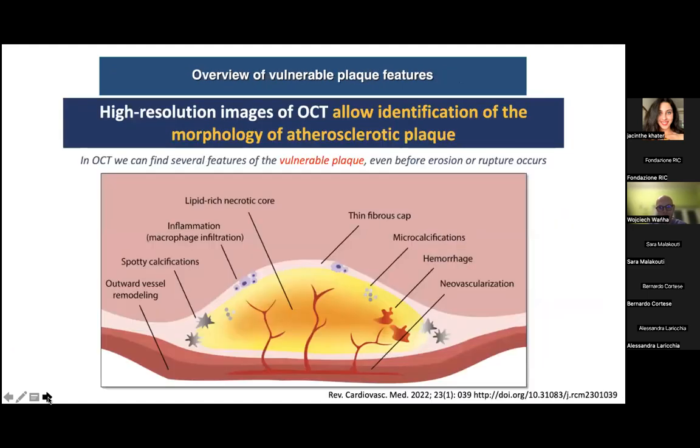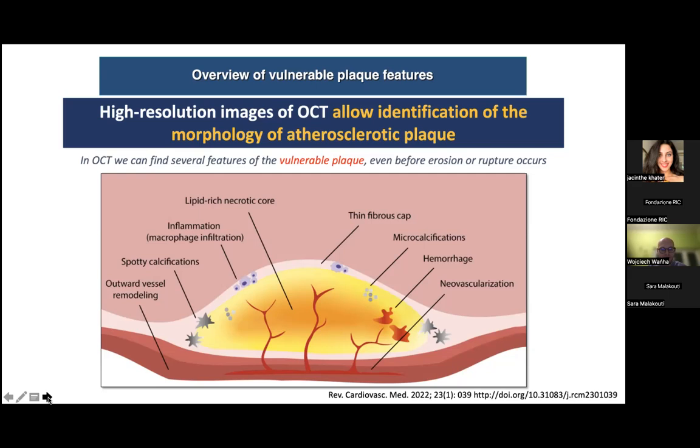Moreover, the high-resolution imaging of OCT allows identification of the morphology of the atherosclerotic plaque. What is also important is that in OCT we can find several features of the vulnerable plaque, even before erosion or rupture occurs.